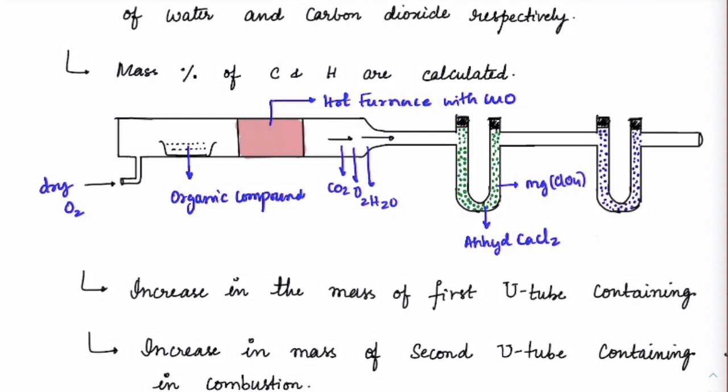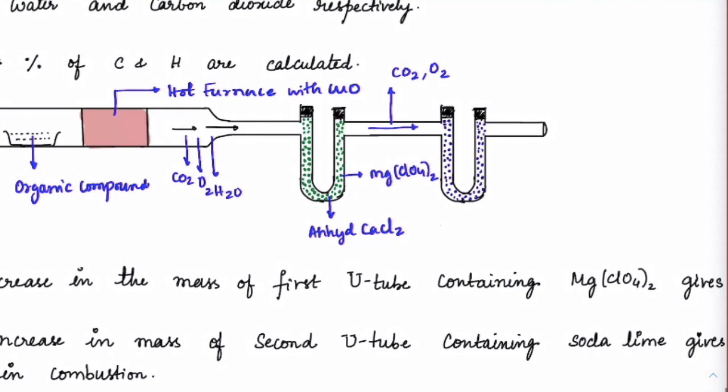Both of them are good dehydrating agents. Got it? So they will absorb all the water, and here the gases will come out again, and these gases would be a mixture of carbon dioxide and oxygen.